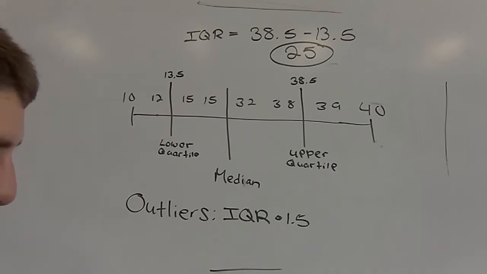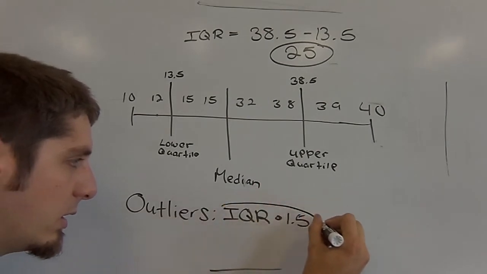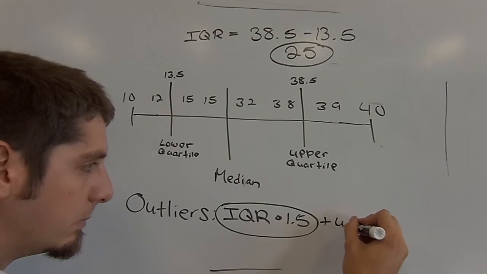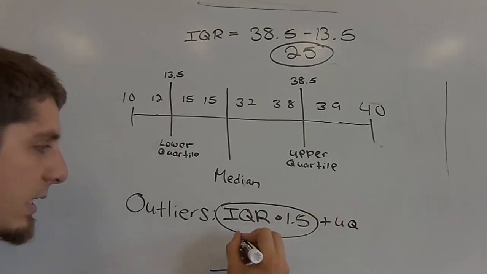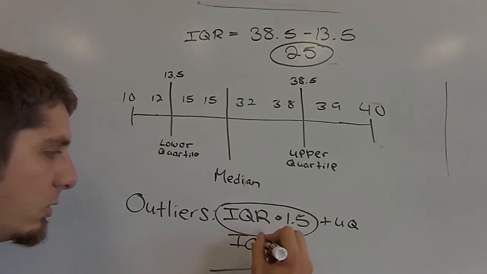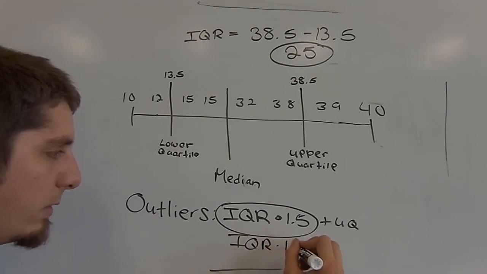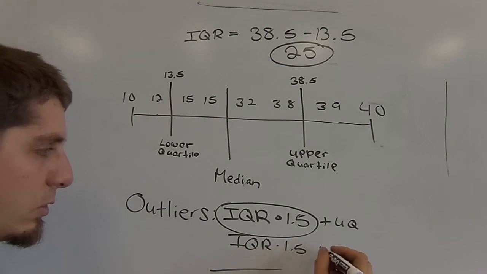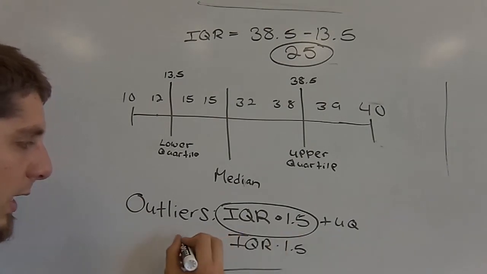Right? I'm then going to take that number, the interquartile range times 1.5, and add it to the upper quartile. And I'm going to take the interquartile range times 1.5, and subtract it from the lower quartile.